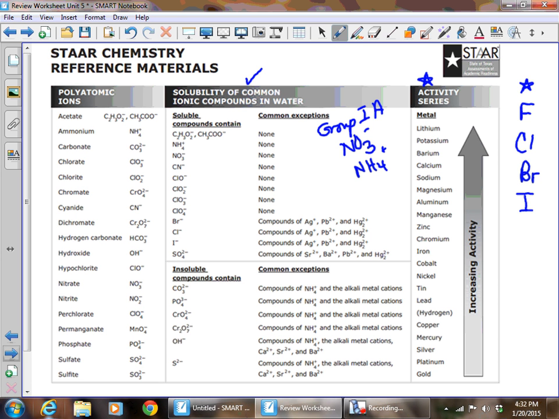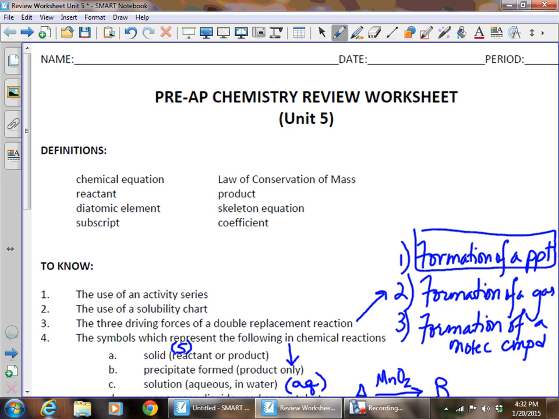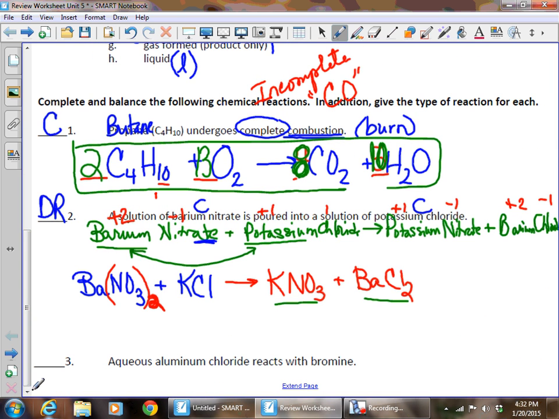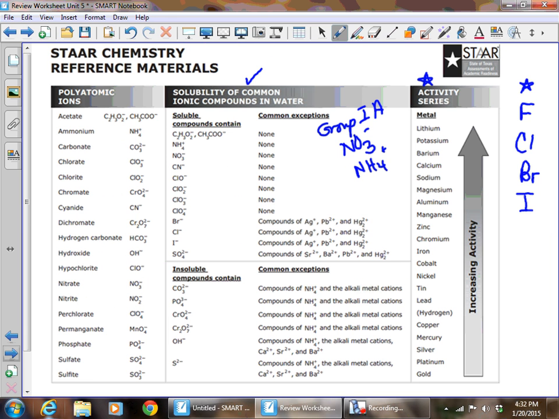So what do we see over here with our potassium nitrate? Potassium is a group 1. So this one is soluble. Nitrate is also one of the ones that's always soluble, so that's like doubly soluble, so that's definitely not the precipitate. So let's look up barium chloride. Let's go back over here and let's see if either barium or chlorine are on here.